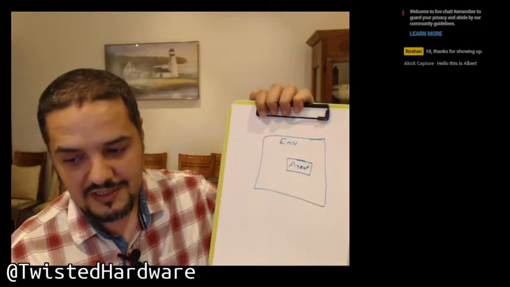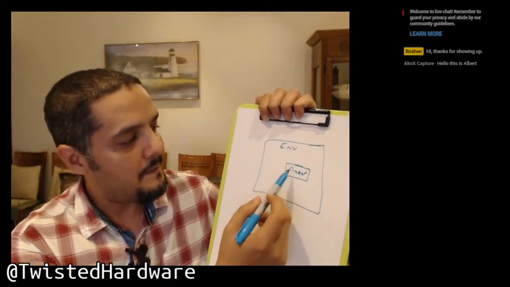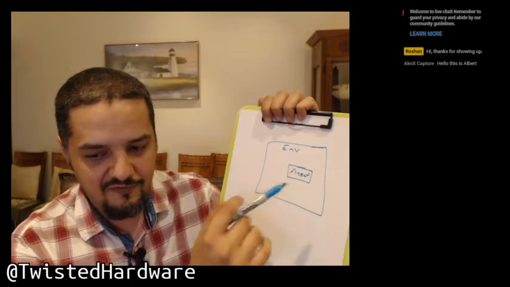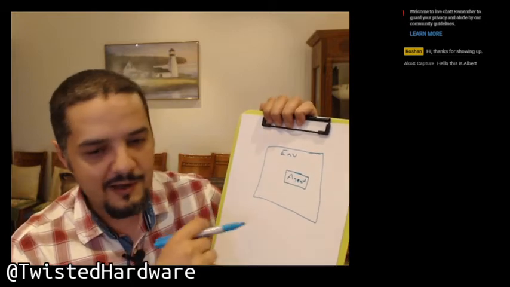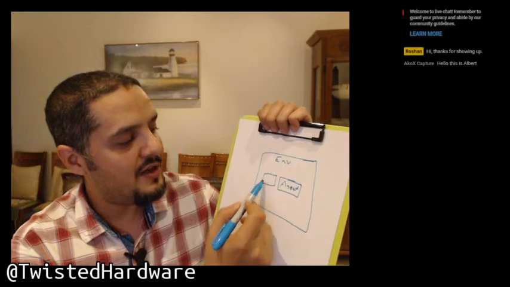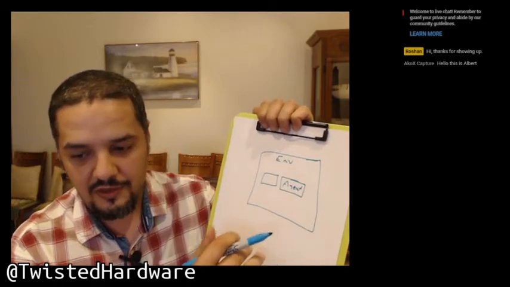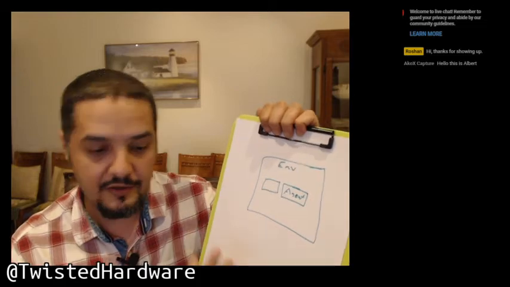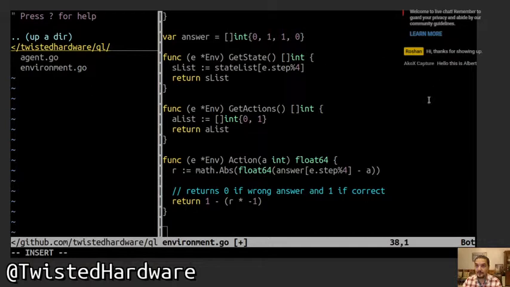So the agent is inside the environment. With this kind of mentality, think about the problem, we can do something later called multi-agent environments, where we can have multiple agents competing together or working together or doing something. But this is how I imagine the library to look like right now.